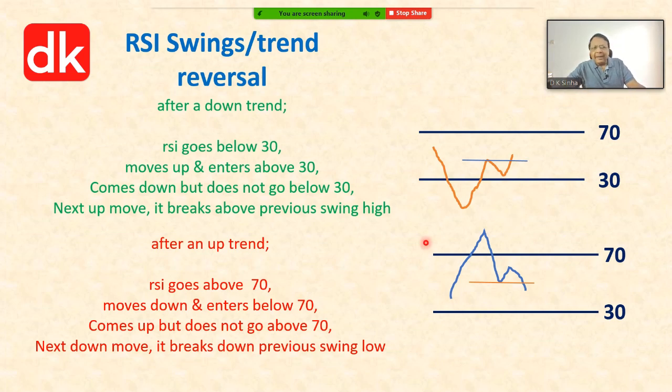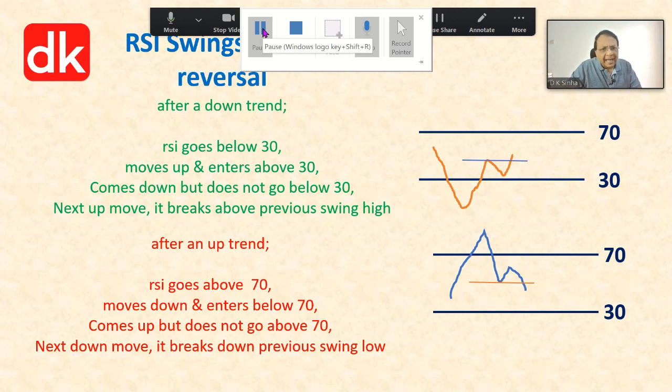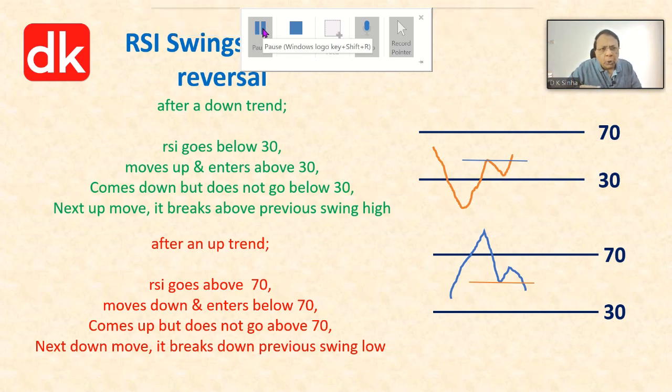Now friends, I will move towards a price chart where I'll explain you all these three aspects in one single chart. So let us move ahead to the price chart and start studying all these aspects so that you will have the understanding of practical application of RSI in combination with price action.